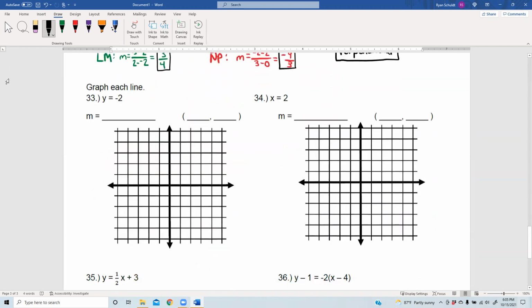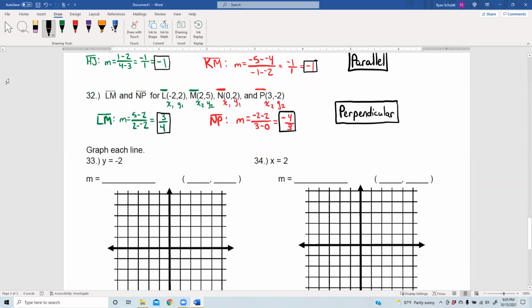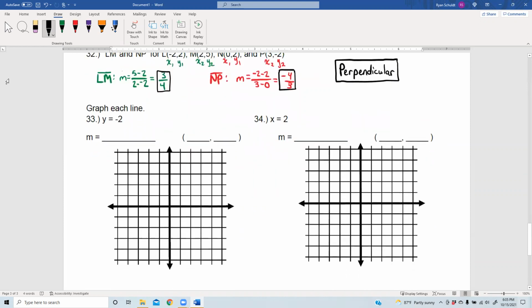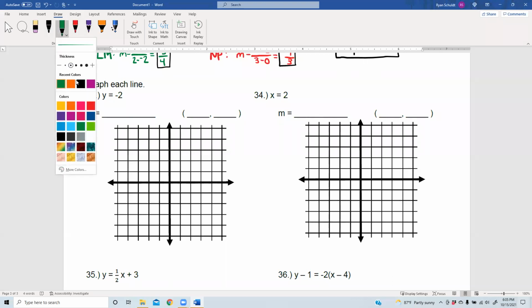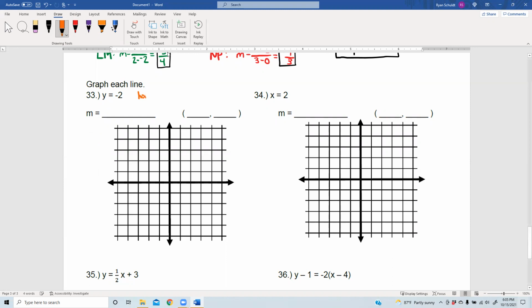Now we've got to graph each line. So for this one, we have y equals negative 2. Well, what does this mean? If it's just a number where it's y equals a number, that means our graph is going to be a horizontal line.